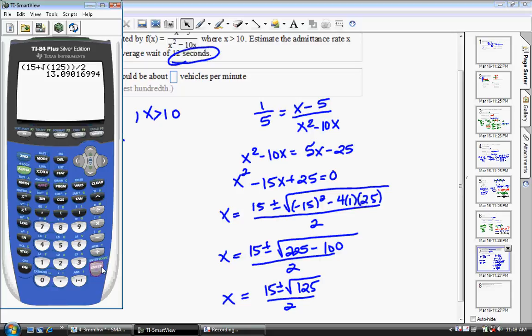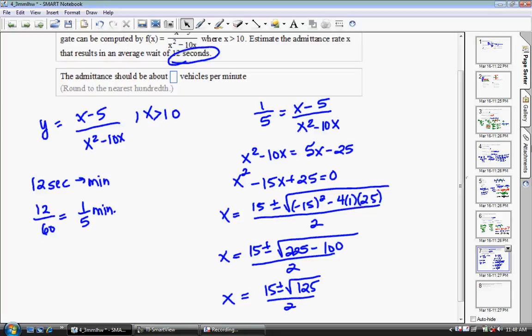Our other answer, if we do second enter and change the plus to a minus, we get our other value of 1.91. So we have 13.09 and 1.91. But understand x is only defined when it's greater than 10, so we can't use the 1.91. So the admittance should be about, rounded to the nearest hundredth, 13.09 vehicles per minute.